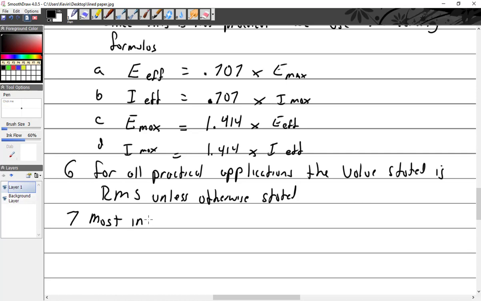Most instruments, that would be a VOM, volt-ohm meter, otherwise known as a multimeter, are measuring RMS, not peak or peak to peak. So you're either going to get peak to peak, or RMS. What does your meter read? RMS. What does the oscilloscope show me? Peak to peak. Those are two different things, so they're not going to agree with each other.